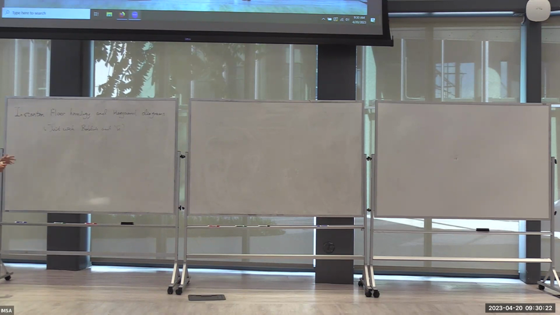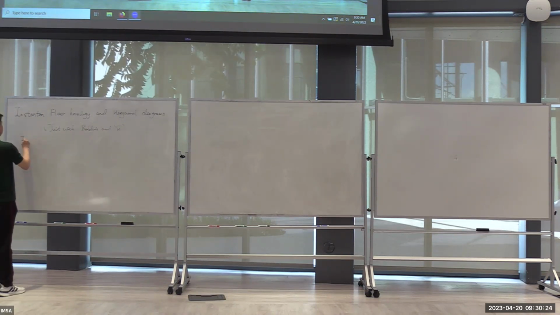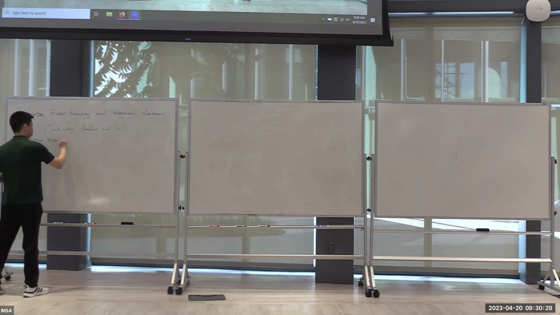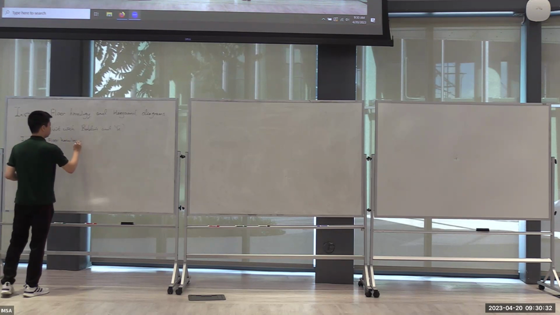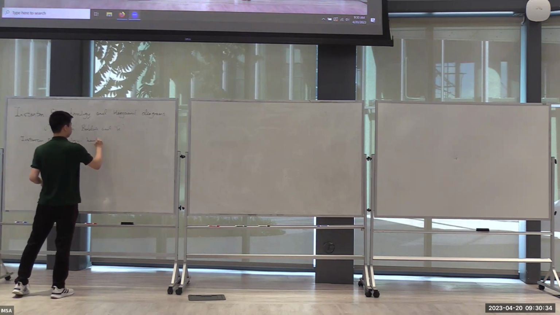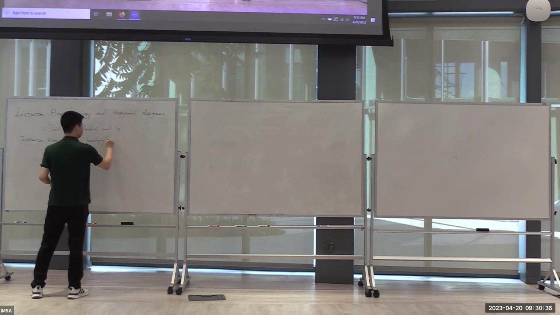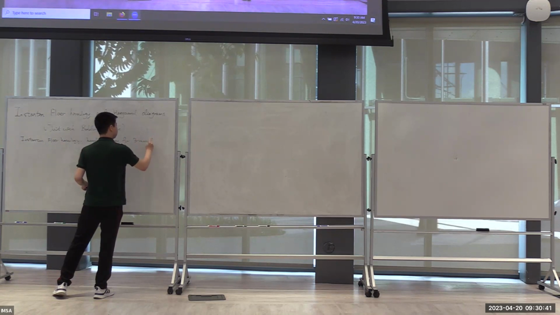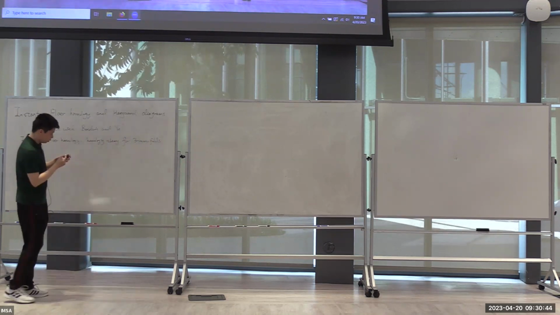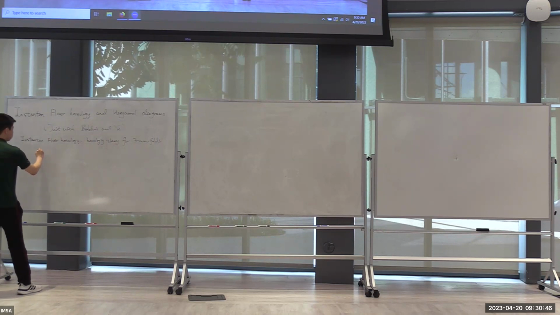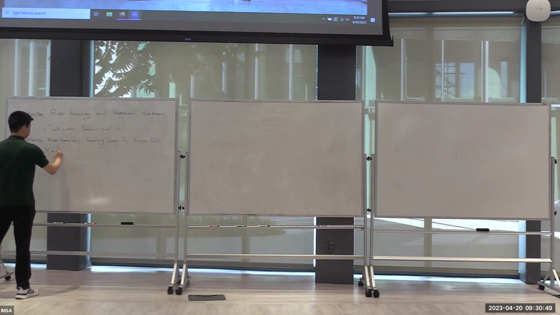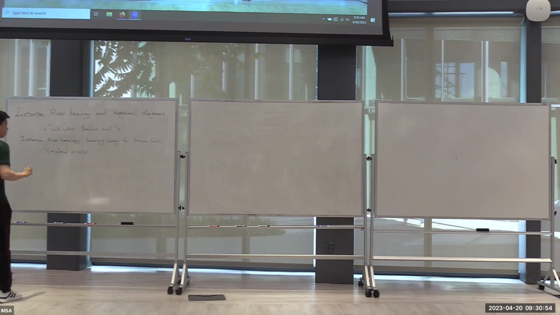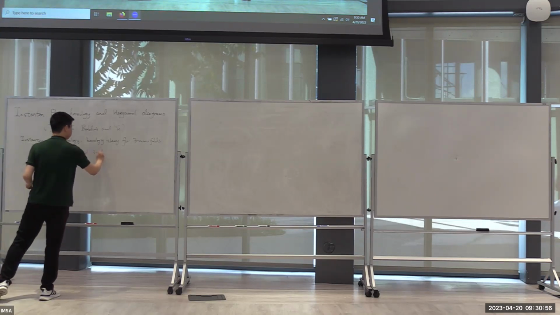So today's main topic will be Instanton Floer homology. It's a homology theory for three manifolds and knots. In particular, if we have a closed oriented three manifold, then we can define its Instanton Floer homology.